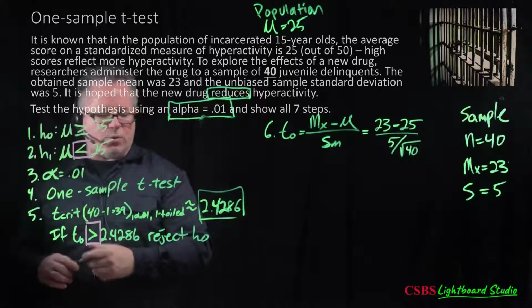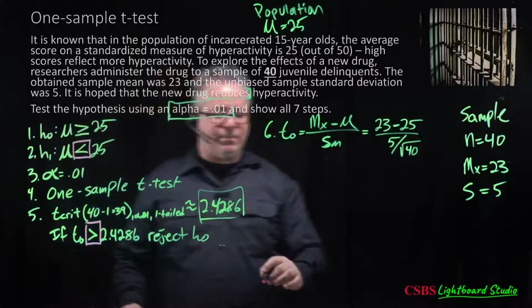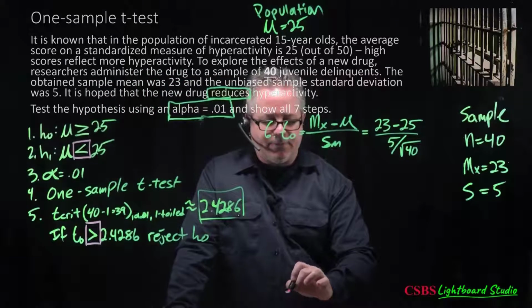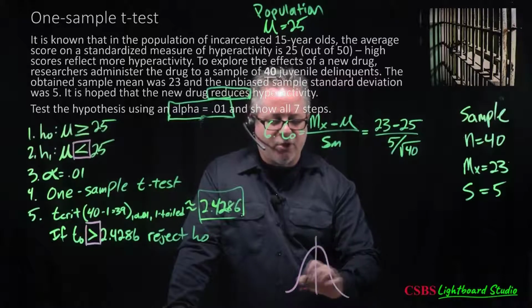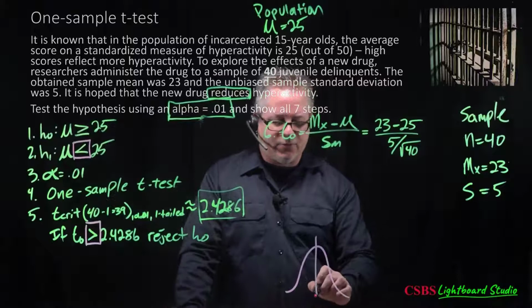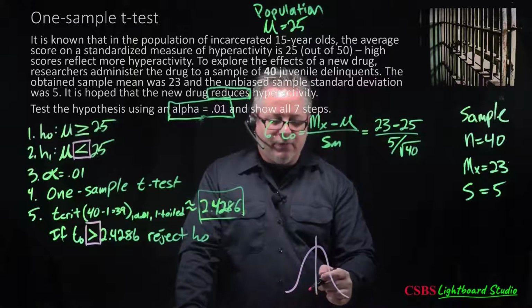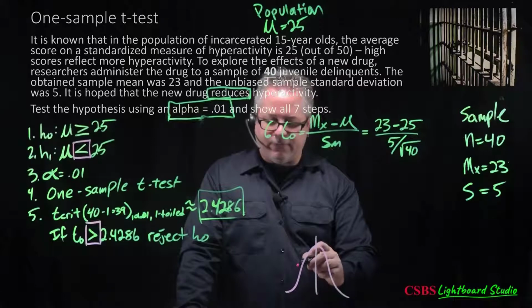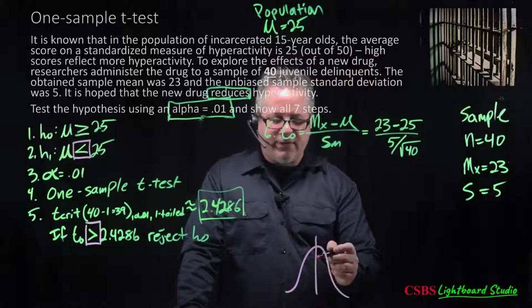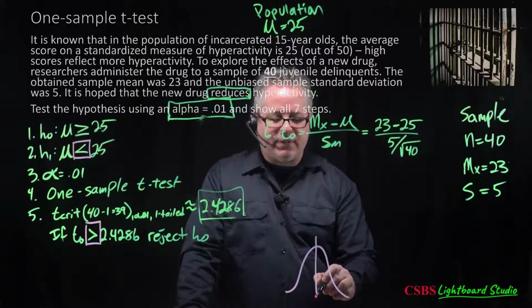Where am I looking? When I have my t distribution, because it's one-tailed, I want to know if it's lower than. I'm saying I want the mean to be less than 25. So this is 25. I want it to go that way, right? So in reality, what I'm looking for is a value. If my sample and population are the same, I expect this to be 0.